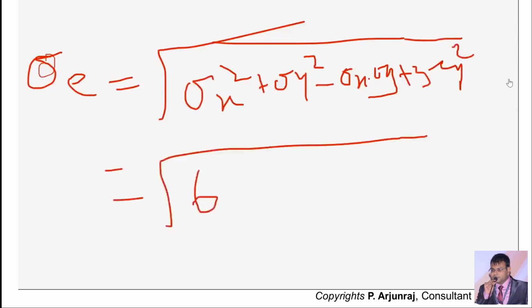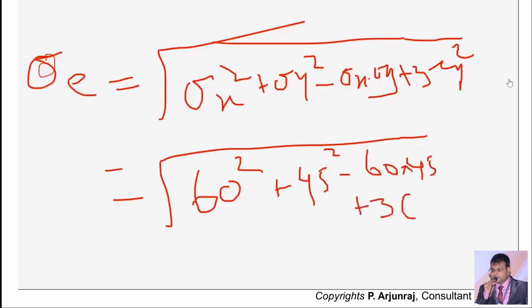We know that sigma x is going to be 60, sigma y is going to be 45, and the sigma x into sigma y is going to be 60 into 45, plus 3 into tau xy, which is acting in the xy direction, so it is going to be 30.